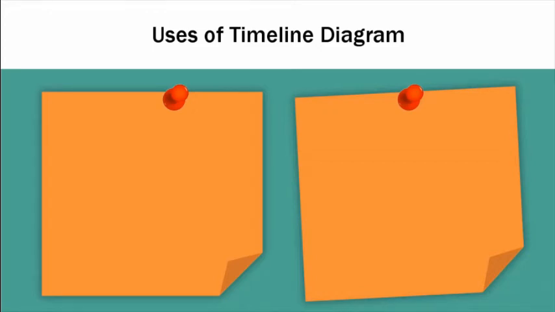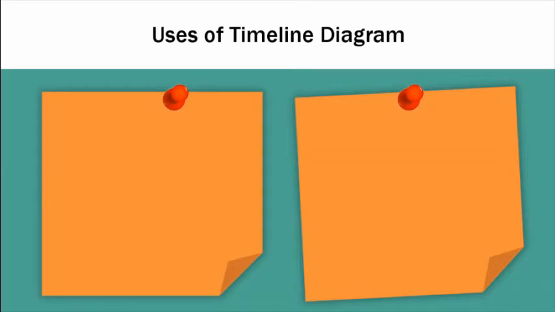Next are the uses of the timeline diagram. There are several human engagements that can be put into a timeline diagram because human engagement requires time, and it can be used as a guide for what is next in your process. A timeline diagram can also be used to understand history, since it serves as a record in summarized and chronological form for a series of events, making it easier to remember and familiarize.